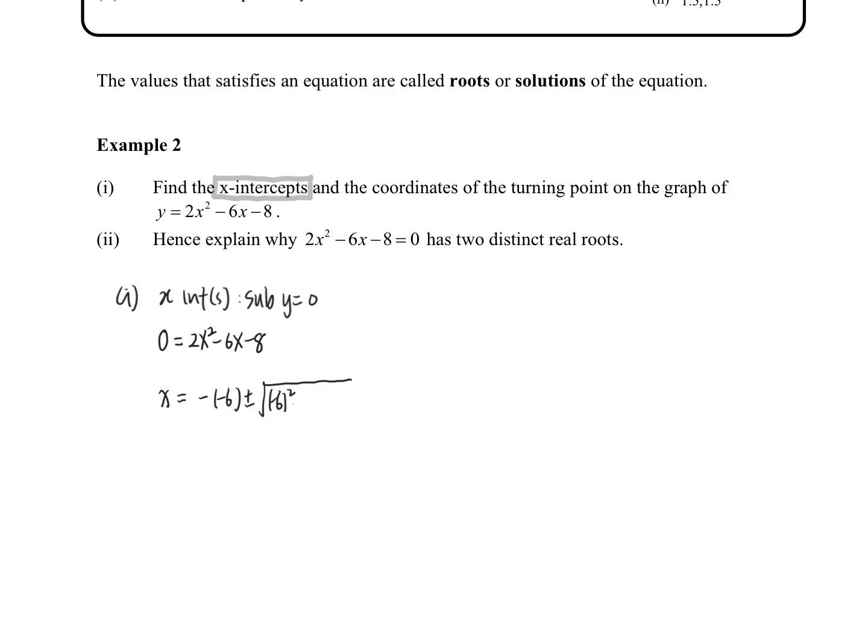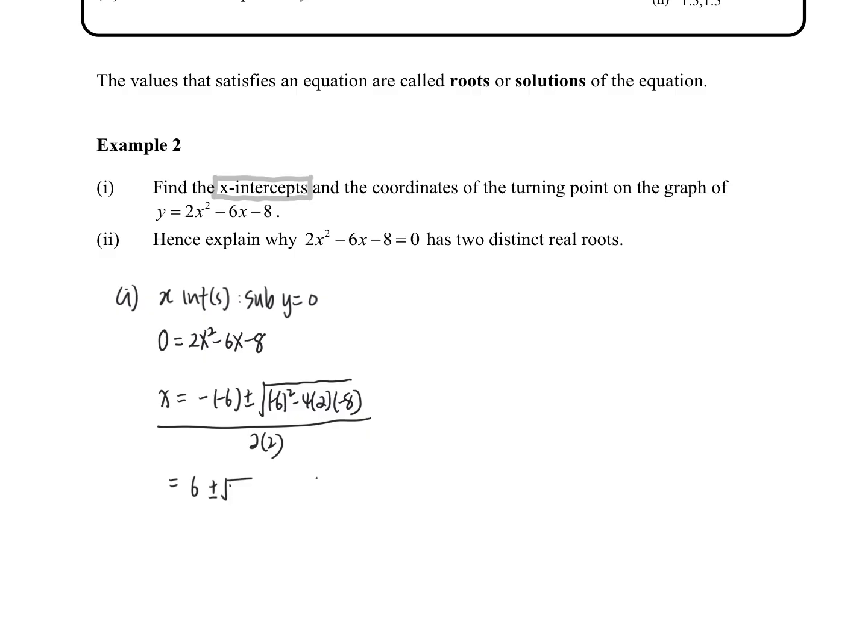So negative b plus or minus square root of b squared minus 4ac, over 2a. So this is the formula that will work for any quadratic that you see. It will not fail you. Oh, this is 100. Also a nice answer.